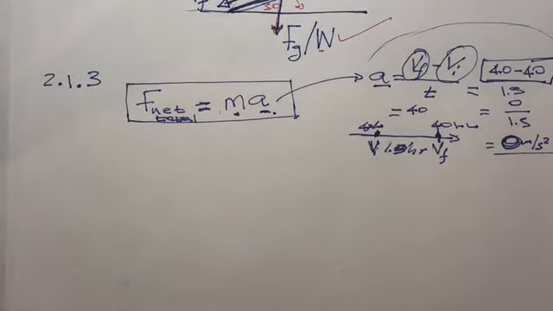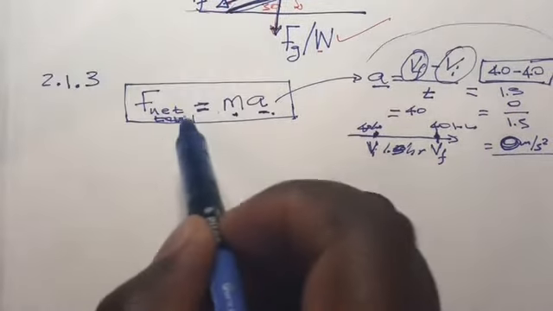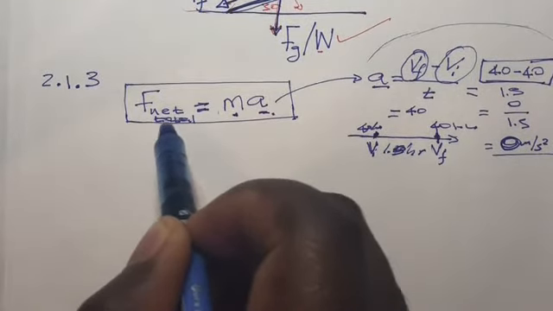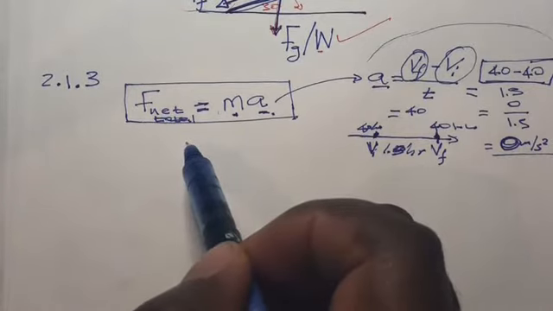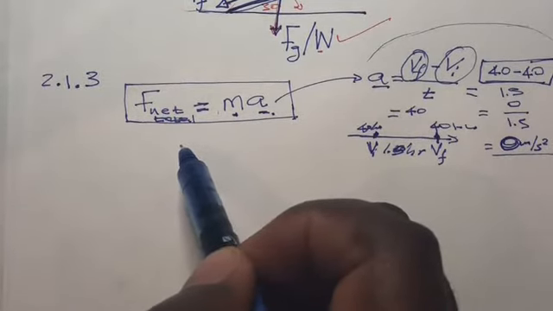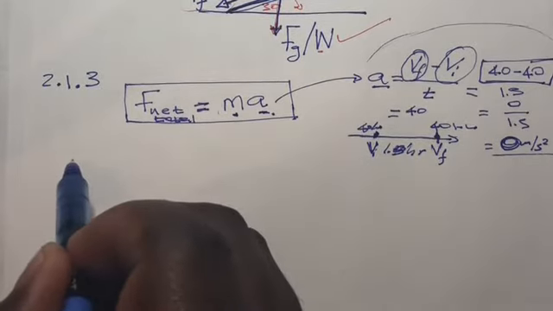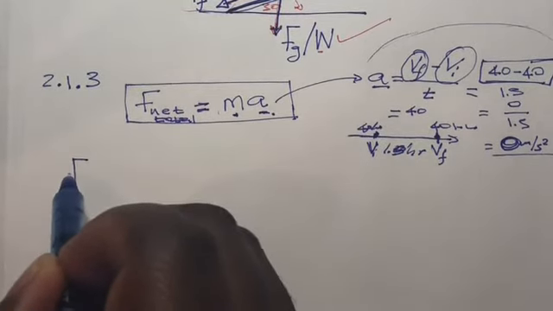So remember, I've just indicated that F net refers to the total force. So now we just write all the forces acting on object P. What forces do we have? I usually start with the force which is being applied.